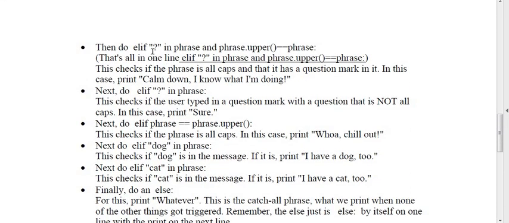And then we do elif question mark in phrase and phrase.upper() equals phrase. This checks that the phrase is all caps. Phrase.upper() equals phrase means we made it uppercase, but it was already uppercase. And we're checking that there's a question mark in there. If that happens, we're going to say, calm down, I know what I'm doing. So I'm going to copy that.